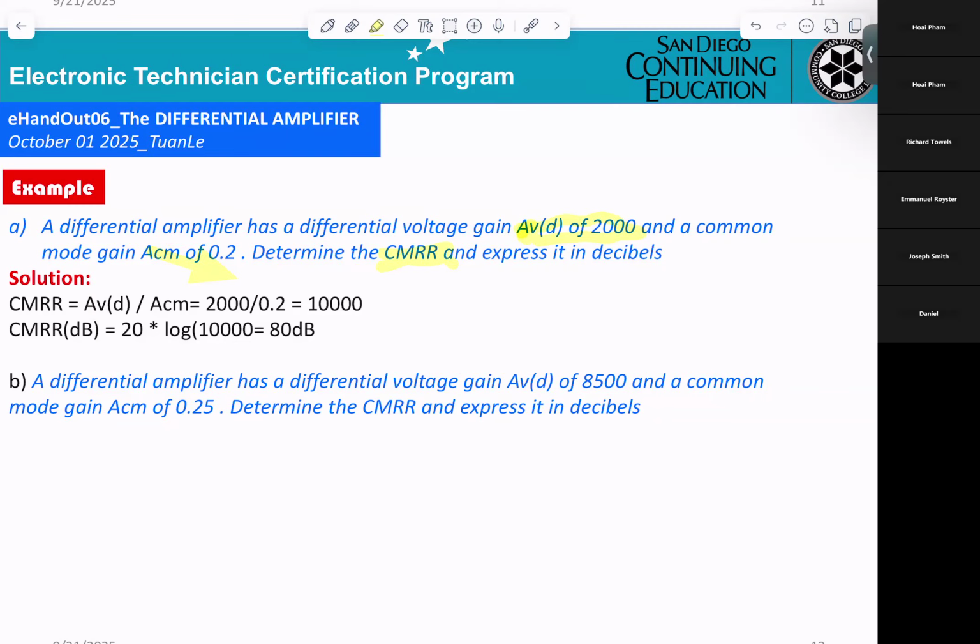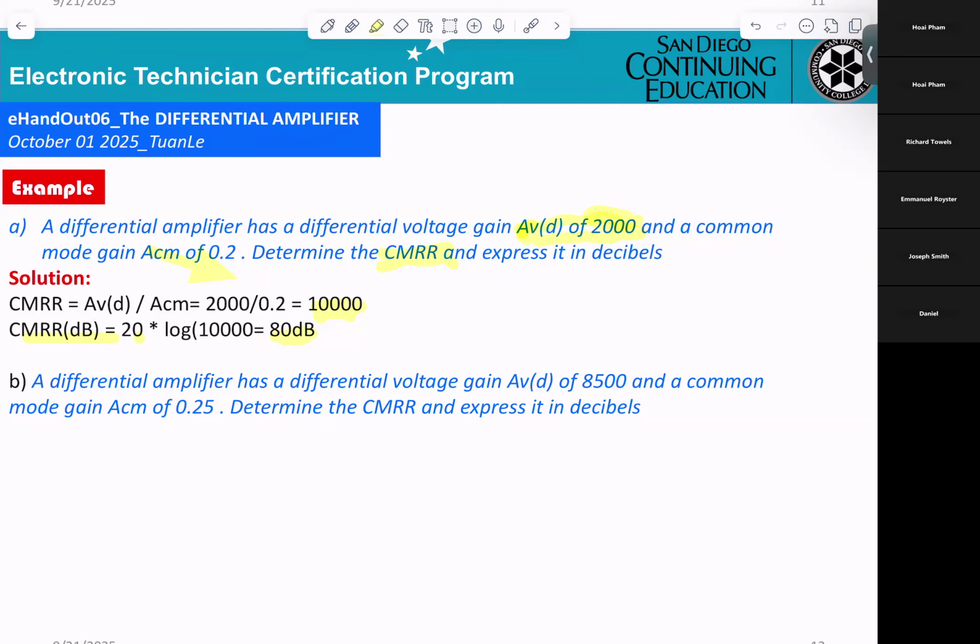That means you take 2000 divided by 0.2, you get 10,000. And now, if you want it in dB, then you have to know the formula. 20 times log of 10,000, you get 80 dB.